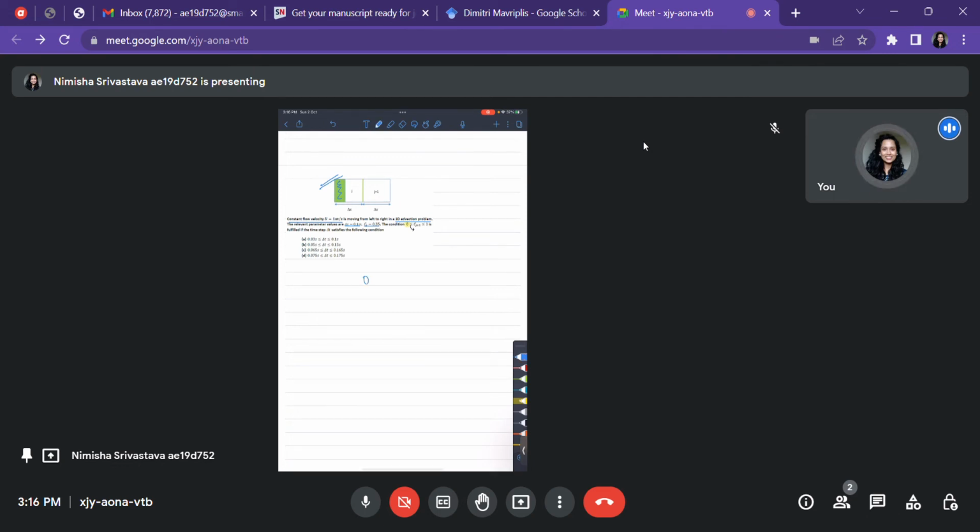So it is asking us to find a time step delta t such that in the next iteration, taking the next time step, the interface lies in cell J plus 1.